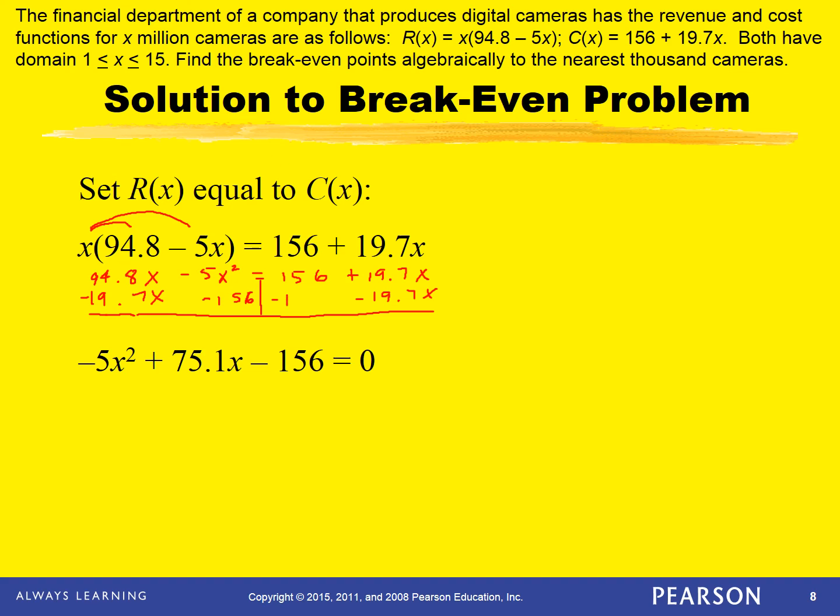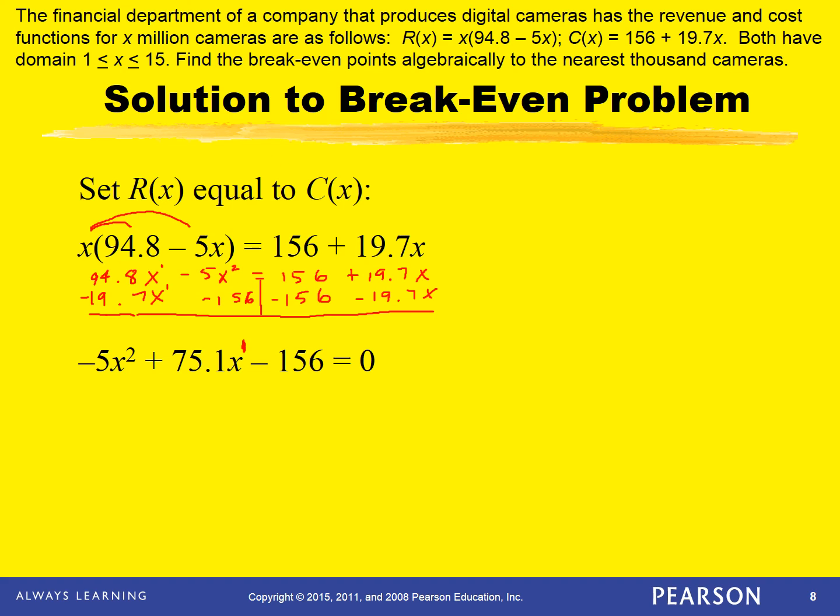Subtract 156. That's going to give us 0 on the right. And on the left, we're going to combine these two linear terms to get 75.1x.